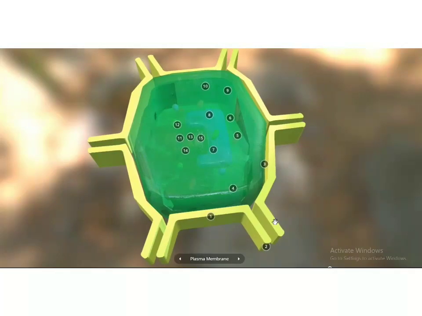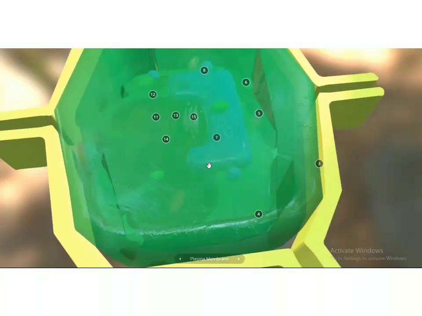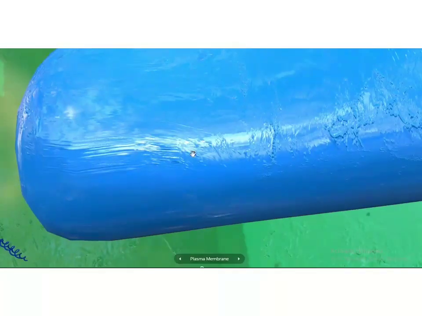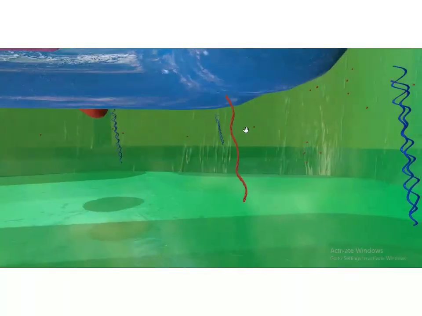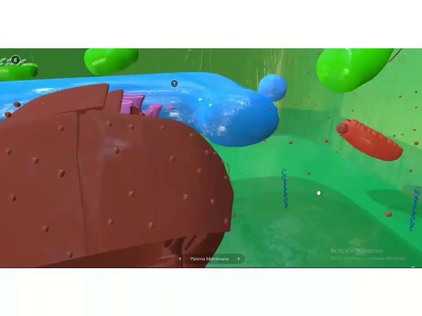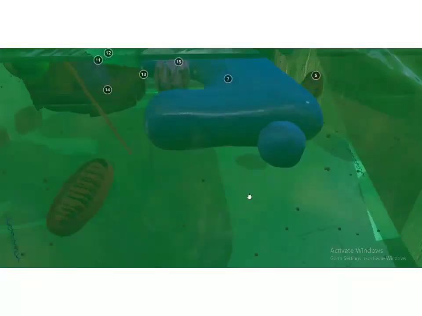So what are the functions of this cell wall and plasma membrane? They have two major functions. The first one is protection. It protects the inner part of the cell. Here you see, these are the inner parts of a cell, and they are protected by two layers, the plasma membrane and the cell wall.